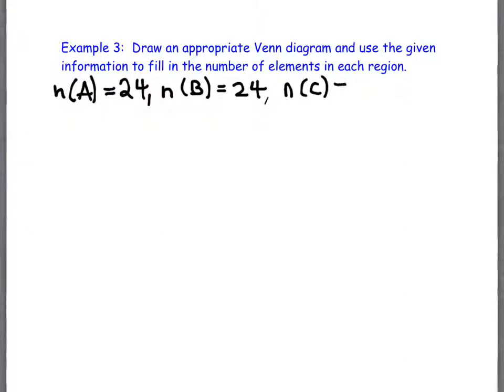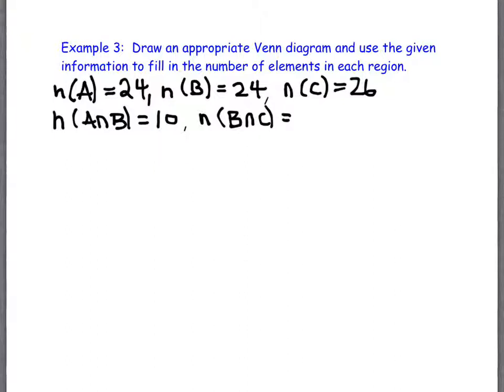n of C is 26. n of A intersect B is 10. n of B intersect C is 8. And n of A intersect C is 15.